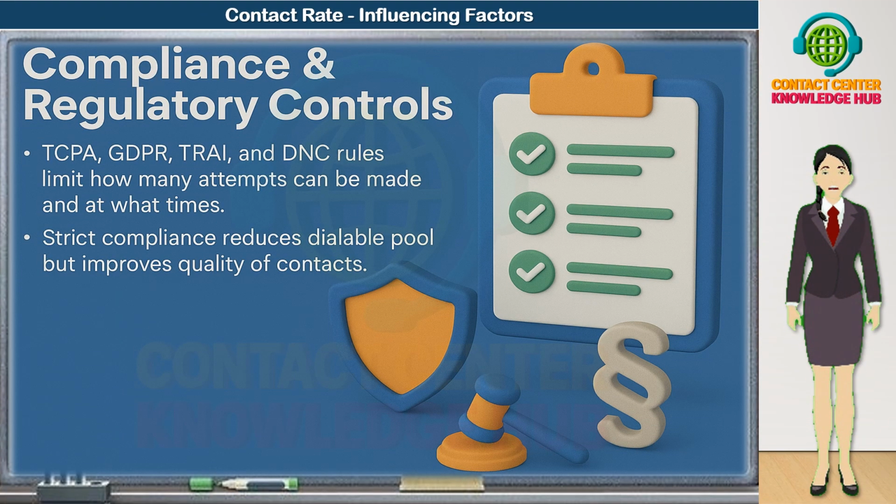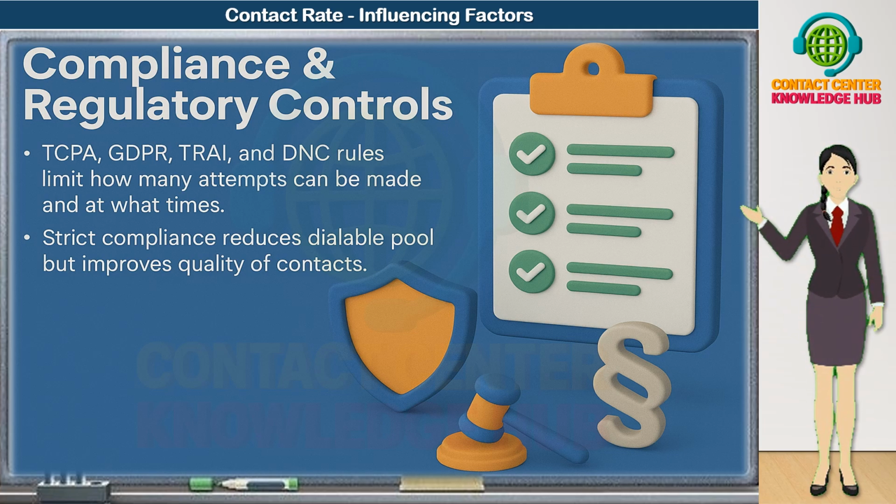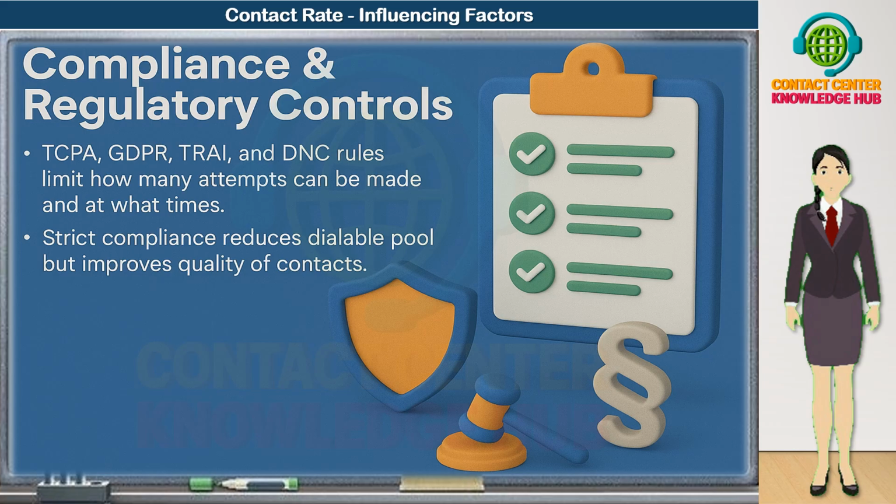Next, let's focus on an essential influencing factor: compliance and regulatory controls. Every outbound campaign must operate within the boundaries of laws such as TCPA, GDPR, TRAI, and DNC regulations. These rules dictate how many calls can be placed and who can be contacted.